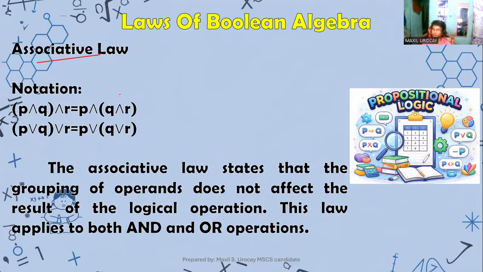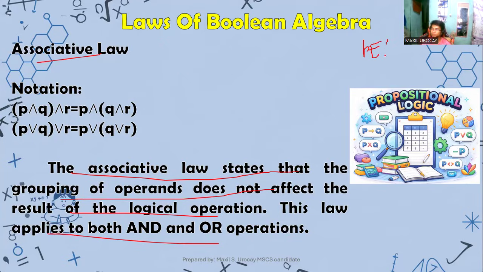And for the associative law, the associative law states that the grouping of operands does not affect the result of the logical operations. This law applies to both AND and OR operations. Since in the precedence rule for calculation in mathematics we have PEMDAS, that is parentheses first, exponents, multiplication, division, addition, subtraction, we can start from here or from here, for example.